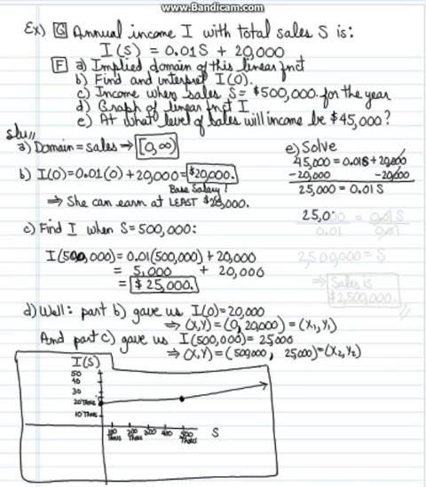So it's 25,000 divided by 0.01 equals 0.01 times S divided by 0.01. These cancel. I get S on this side. And when I divide by 0.01, it's really just moving the decimal point. I end up with 2500000. You can use a calculator in your homework to see this.